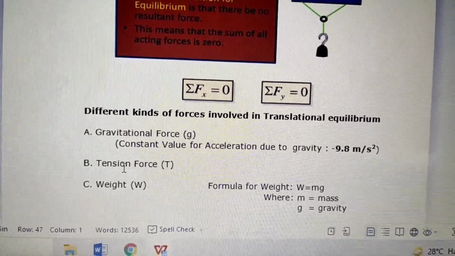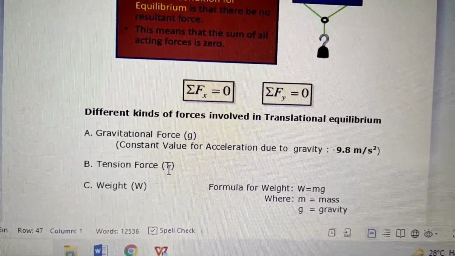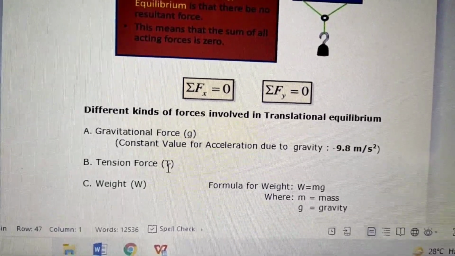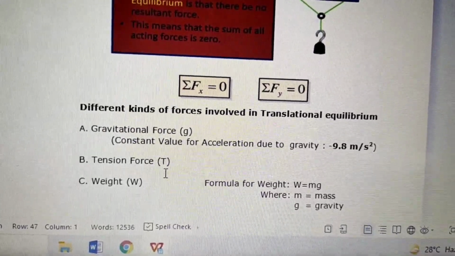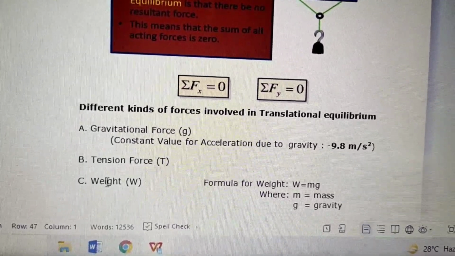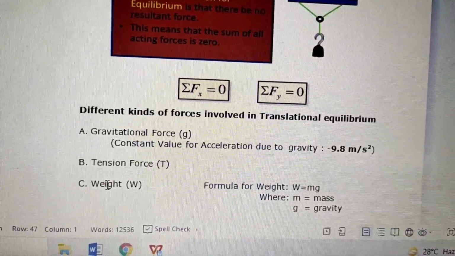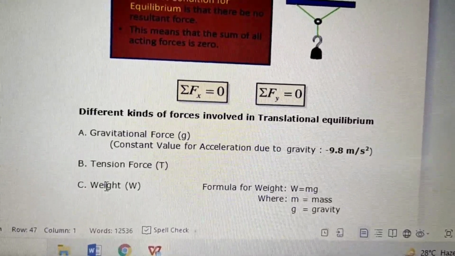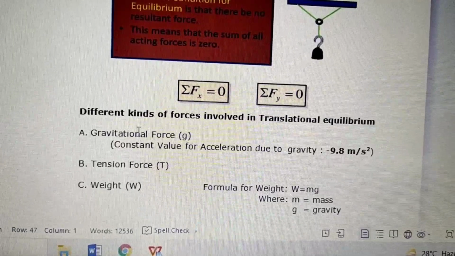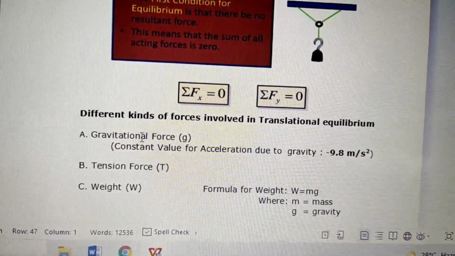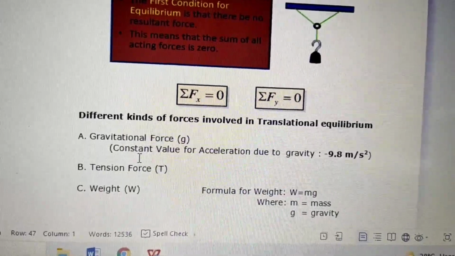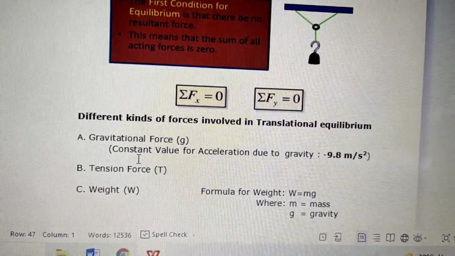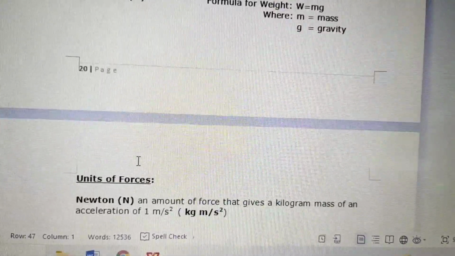Another force involved is the tension force, which is symbolized by big letter T. Another force involved in our problem solving is the weight. So these are the three forces that can be found to be present when a body is in equilibrium.